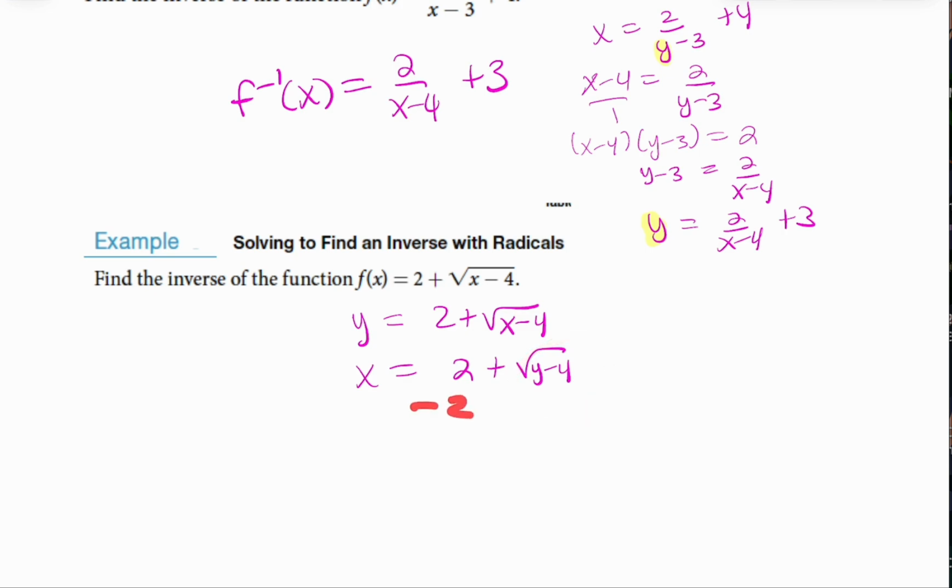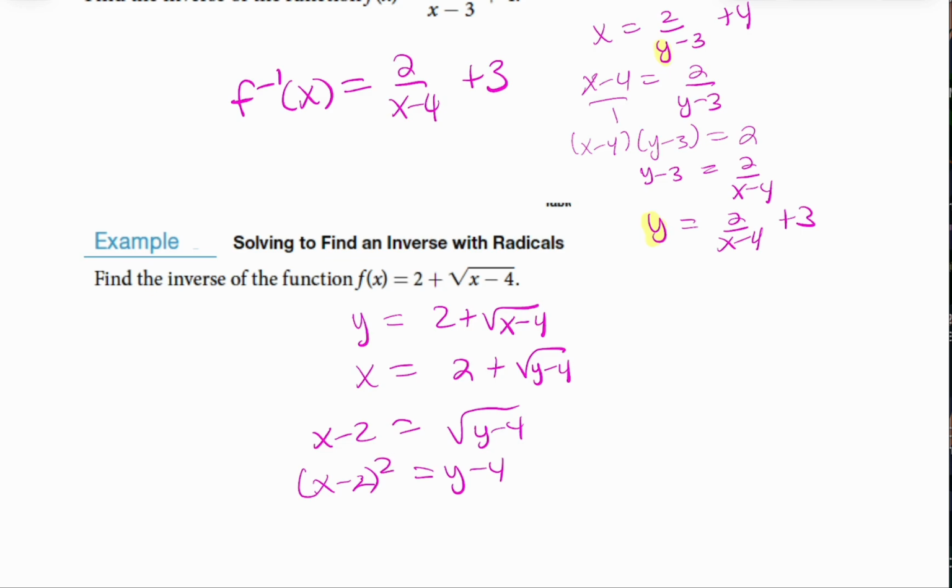So let's subtract 2 from both sides. Now what's going to get rid of a square root? A square. So let's square both sides. So we get y minus 4 equals x minus 2 squared.